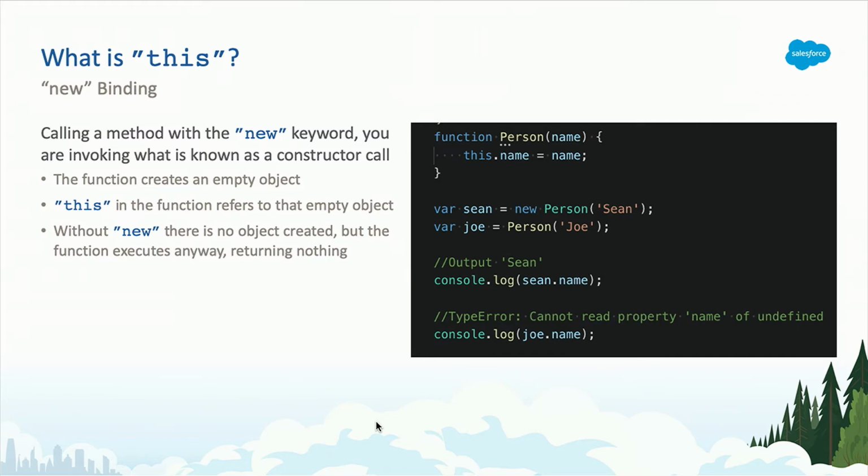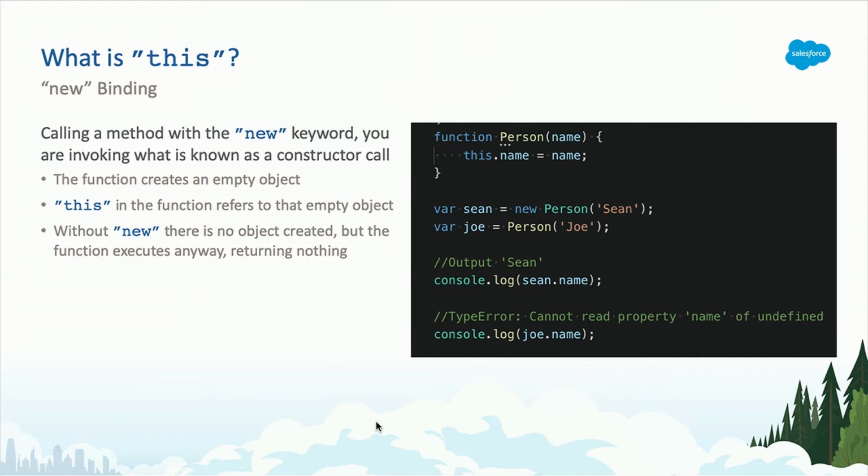We do the same for Joe, but we do not use the new keyword. So we just call it as a regular function. Now, Sean.name actually outputs something. It outputs Sean, because that's what we passed to the constructor, and we used new binding, so this.name is in that object that became the variable Sean.